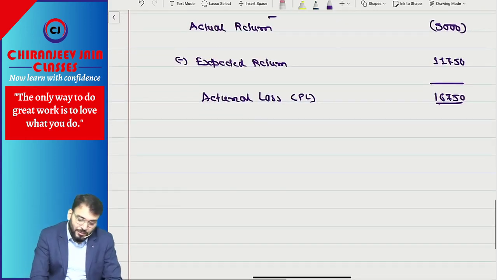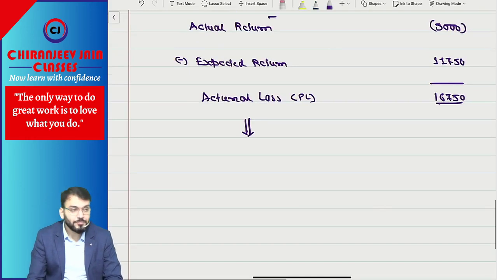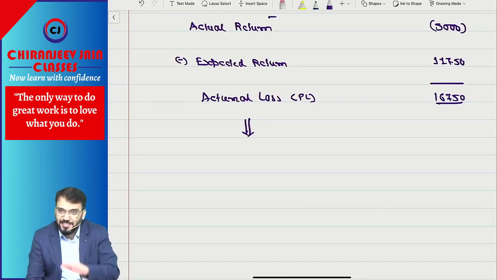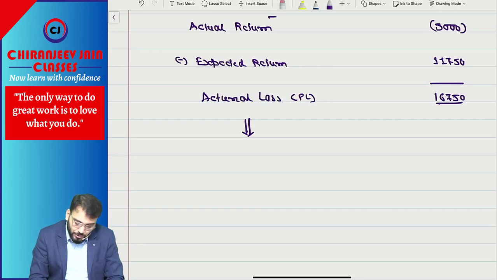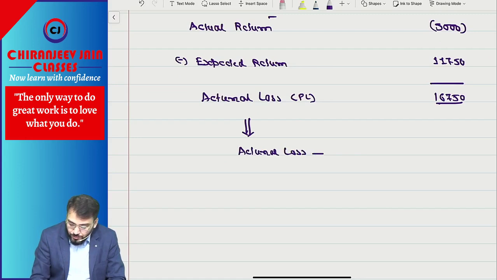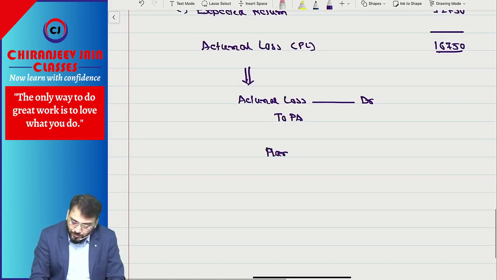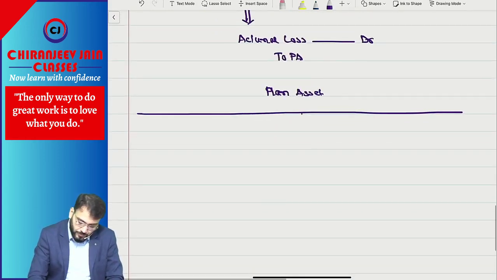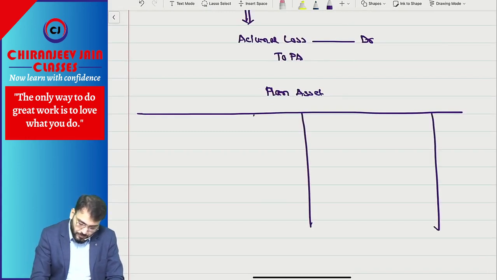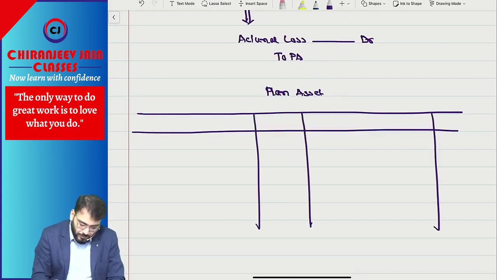So what journal entry will you do for this? Actuarial loss. Will your plan asset decrease or increase? So your journal entry: actuarial loss account debit to plan asset. Suppose they ask you to prepare the plan asset account. So what will you do? To balance brought down how much?